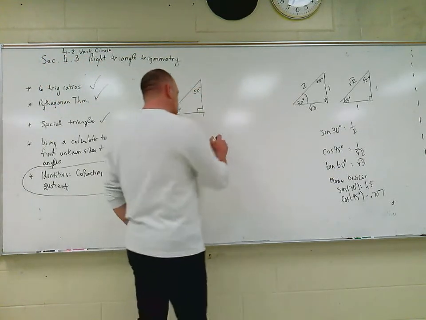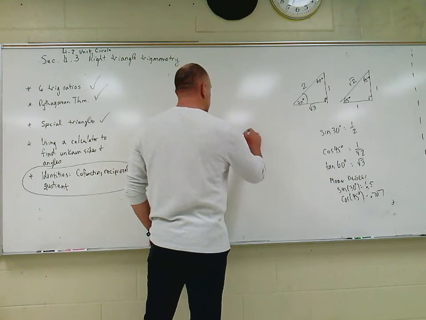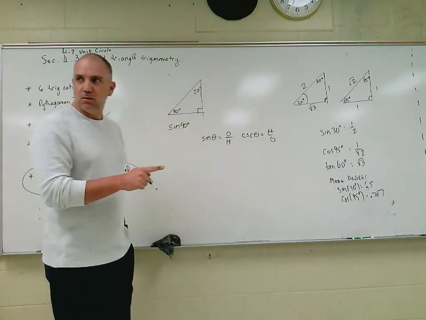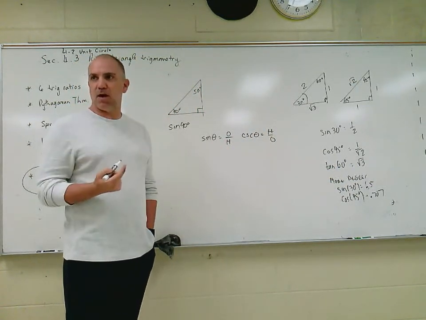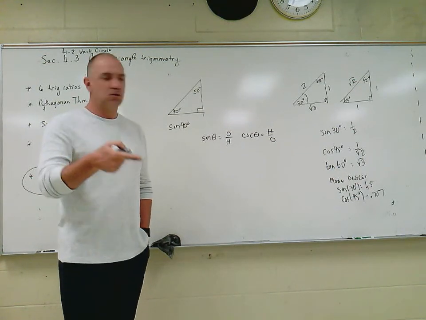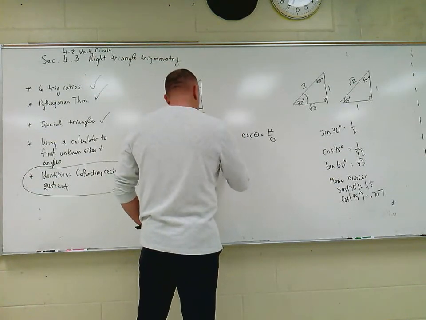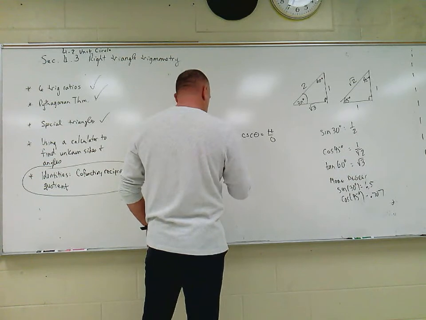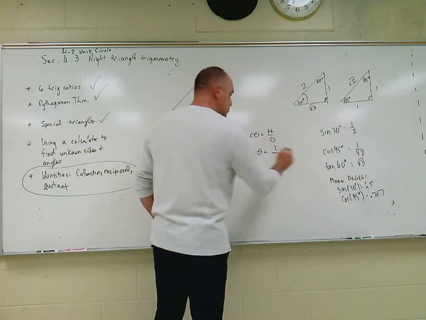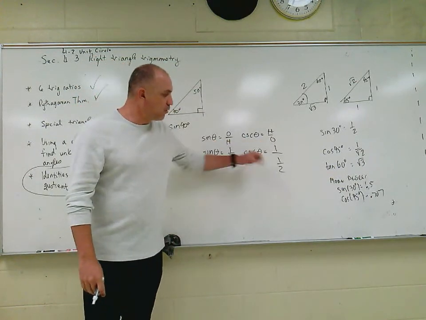So notice if sine of theta is O over H and cosecant of theta is H over O, then these are reciprocals. And reciprocal means 1 divided by. If you do 1 divided by, then you reciprocate. So for instance, if sine of theta is 1 over 2, then cosecant should be 1 over 1 over 2. Reciprocal means 1 over whatever this is.